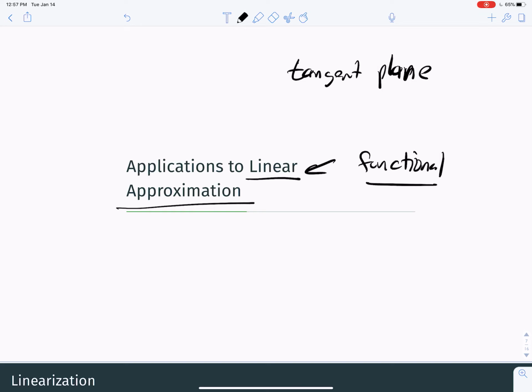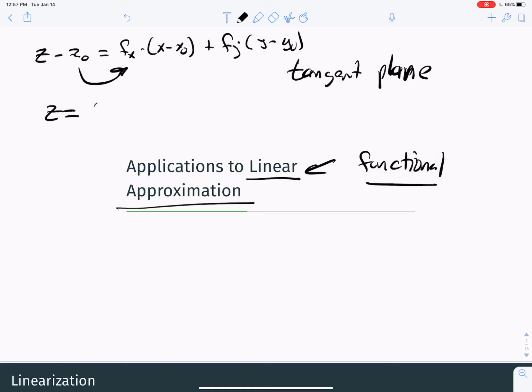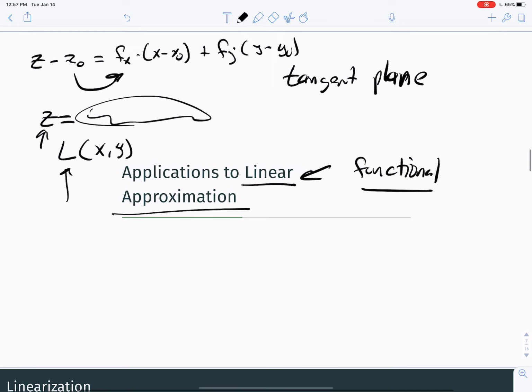Okay, so for the tangent plane, you had something like z minus z naught equals, there was an x derivative, and then x minus x naught, and then there was a y derivative, and then a y minus y naught, right? This kind of idea. What we're going to do is add the z naught to the other side, and instead of thinking of this as z equals this other stuff, we're going to call that thing a function, and we're going to call it L of x y, the linearization of the function f, right?